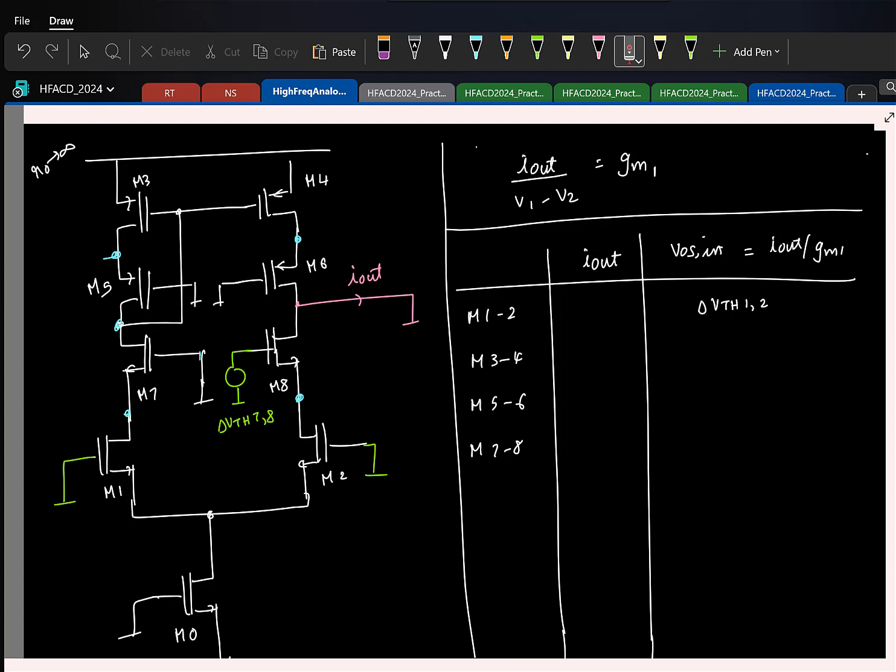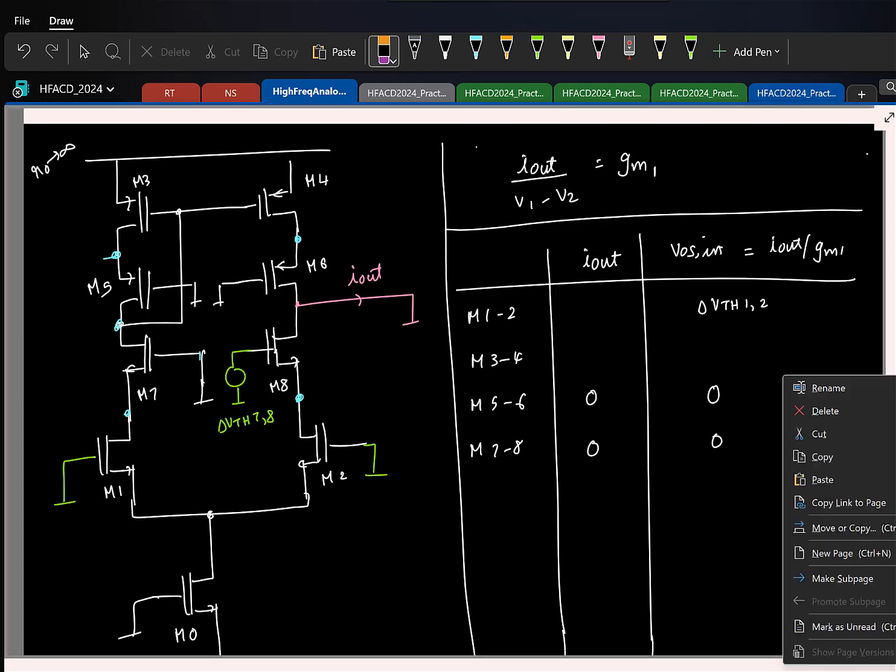As long as R0 is infinity, nothing flows to the output, same as what we had for the noise, right? So M7, M8 contribute 0 offset. Similarly, what can you say about M5, M6? That will also be 0. Only thing pending is M3, M4, which we can go to next page maybe.